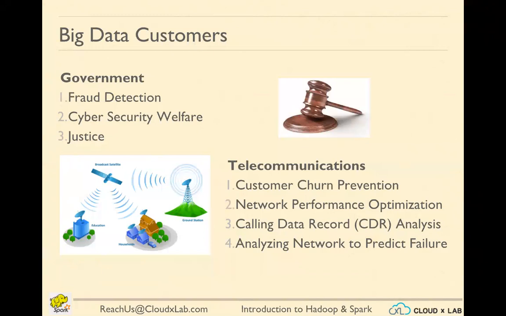All right. Let me come back. So telecommunication is what? Basically, the telecom providers such as Vodafone, AT&T. In their case, they can prevent the customer churn. Customer churn means customers leaving them. How can they do that?